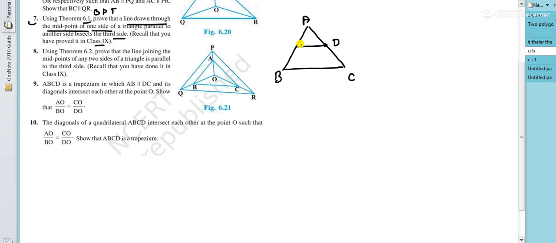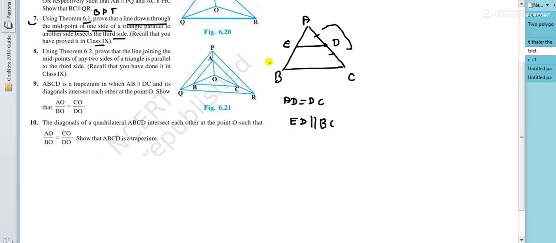So let it be DE. Okay, so see, it was passing through midpoint of AC. Means AD is equal to DC, first condition, and second condition, parallel to the other side means ED is parallel to BC.